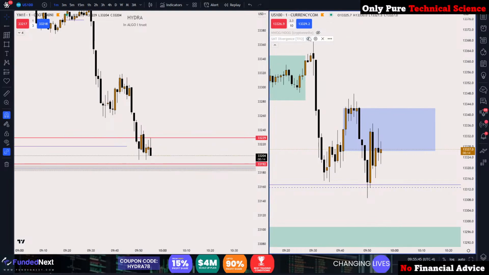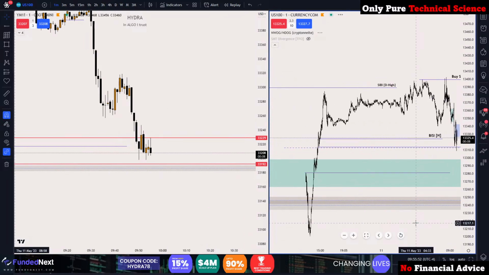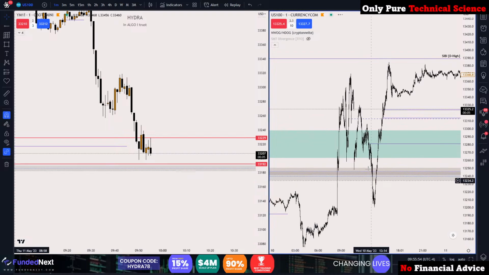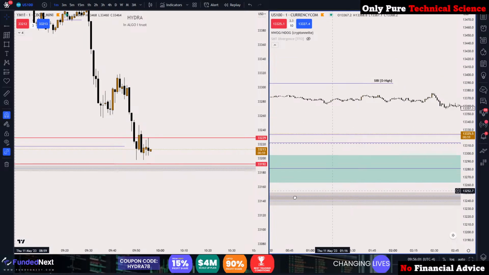On Nasdaq, what do we have? On Nasdaq, we are not near to any new week opening gap. We do have a new week opening gap here at 13,251, which is below the breaker block, by the way.